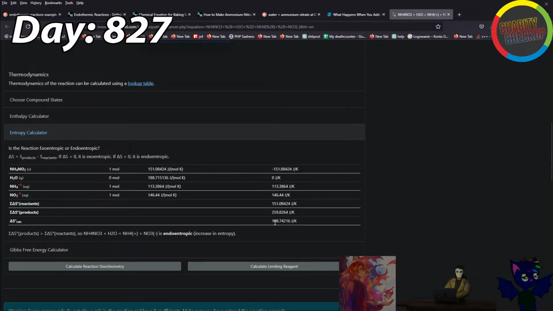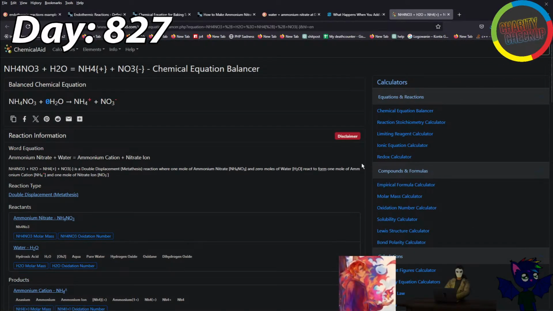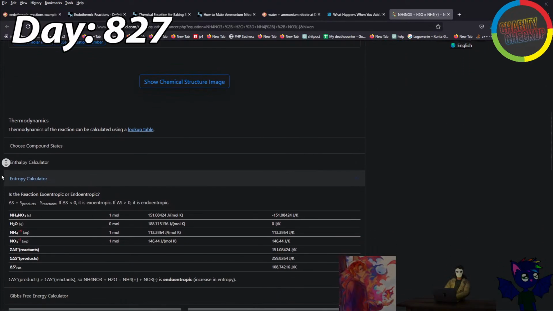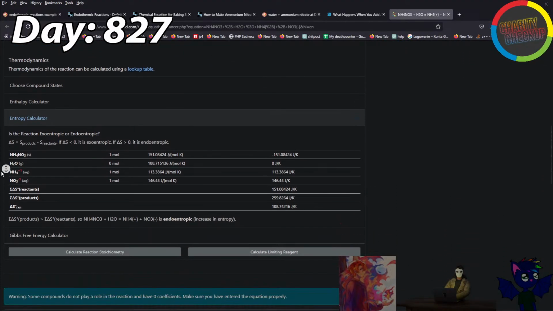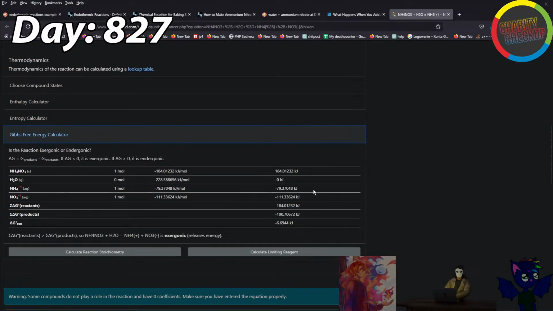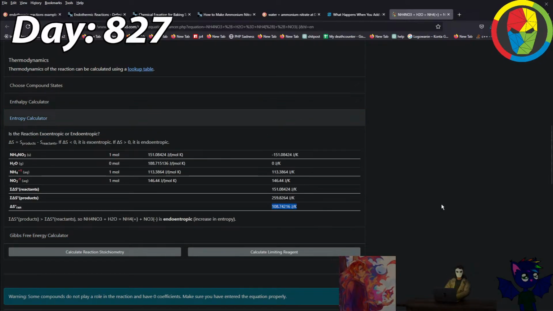Yes, there is 100. So okay, that makes sense. Entropy is increasing a lot more, and so the Gibbs free energy is negative. The Gibbs free energy is negative by like 6 kilojoules, but the entropy is positive by 100 joules per Kelvin.